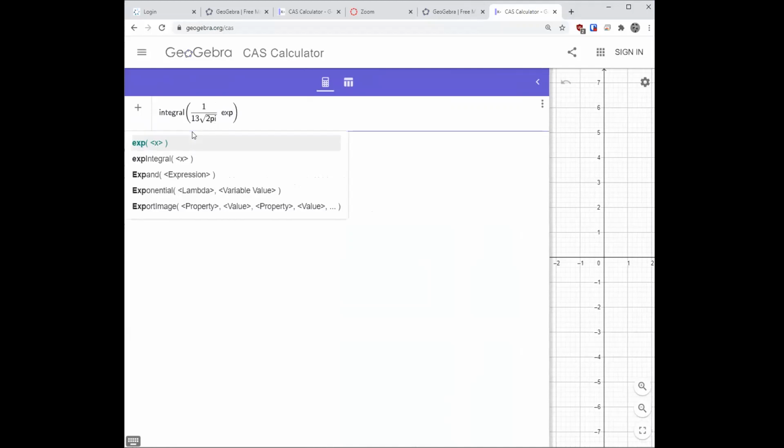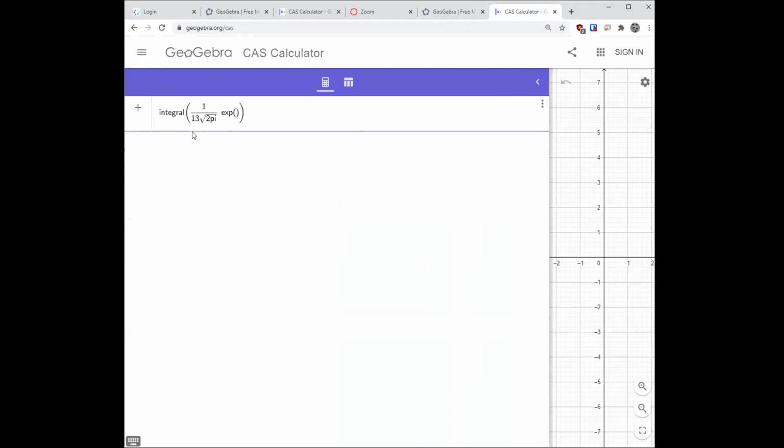So exp of negative x minus 600 squared divided by 2 times 13 squared. And you come all the way out there, and that's going to go from negative infinity to 580.